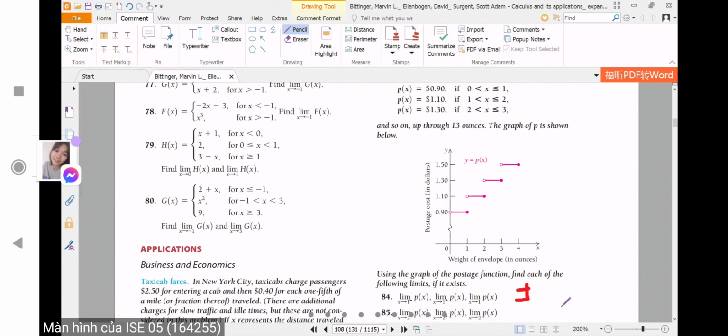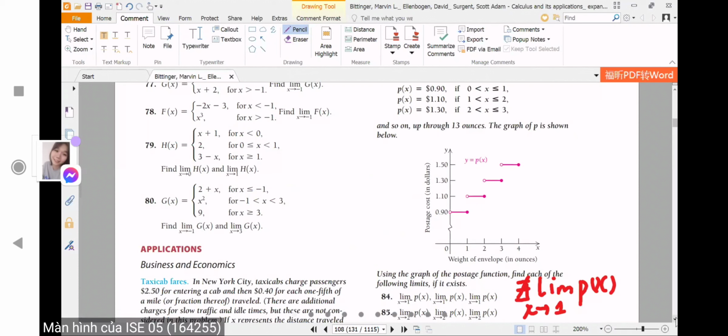Okay, now similarly, it's just 85. Left limit of p(x) at 2.